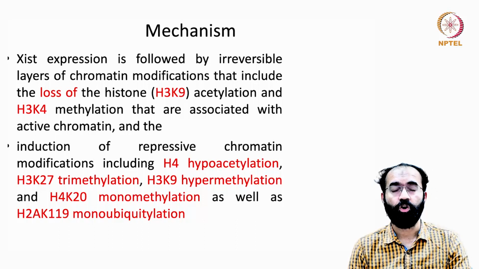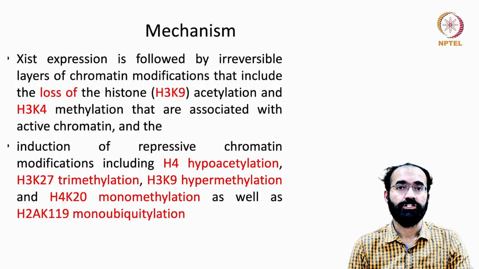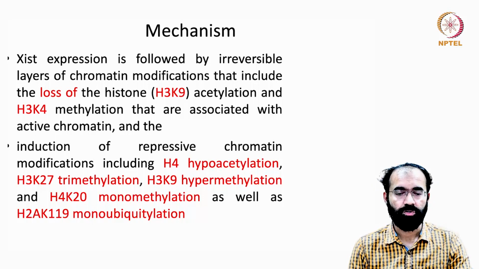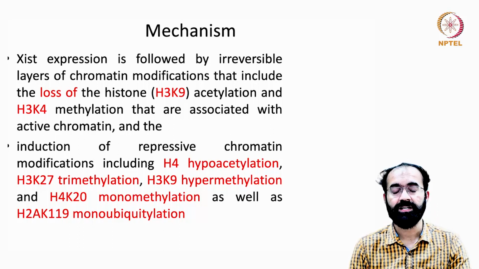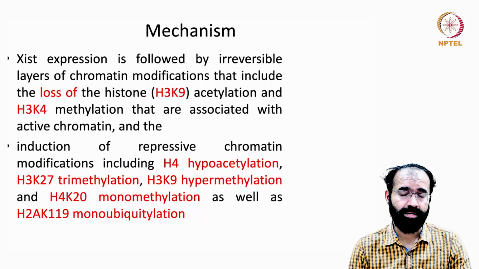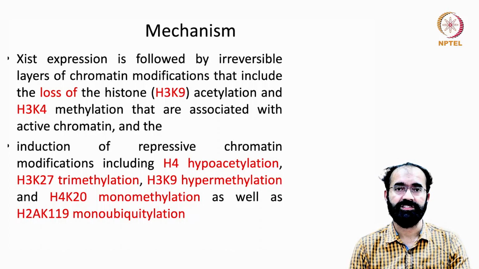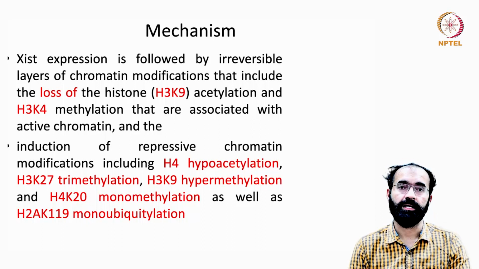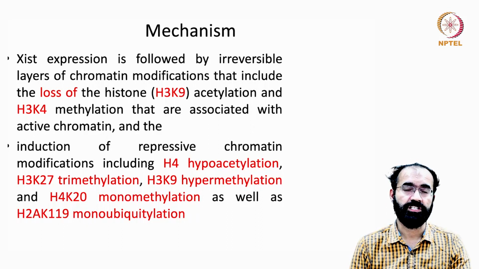Same way, the chromatin loosening events will be prevented, and chromatin tightening events will be accelerated. So these are some of the modifications which take place during the compaction of the X chromosome, which is done as part of the dosage compensation. We will continue more in detail about X chromosome inactivation and the mechanism of dosage compensation in the next class. Thank you.